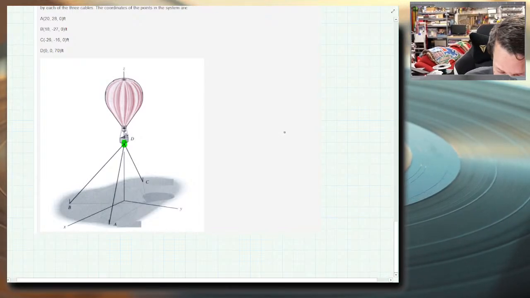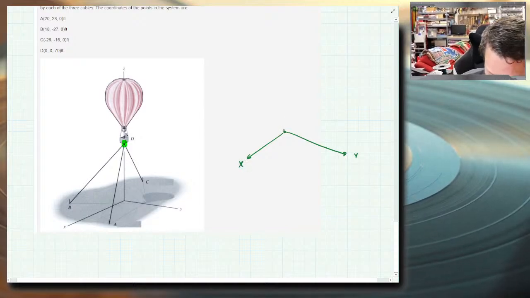So that's what I'm going to do. I'm going to put X, well, that's Y, this is X, and Z up here at D.